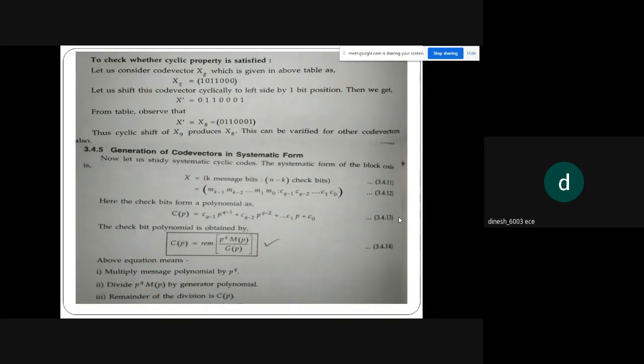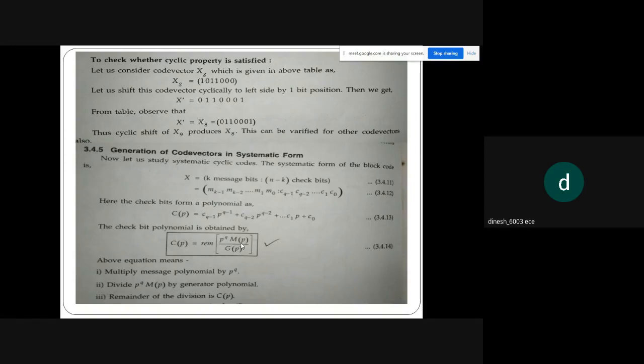So this degree is p power 0, this degree is p power 1, this degree is p power 2, this degree is p power 3. When you substitute this, we get the polynomial as p square plus 1 as in equation 3.4.15. Now m of p is obtained, from equation 3.4.14.